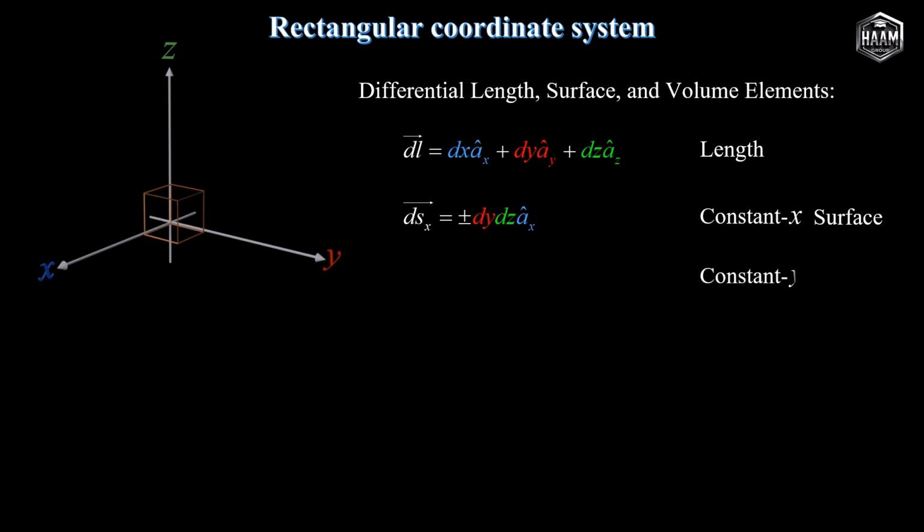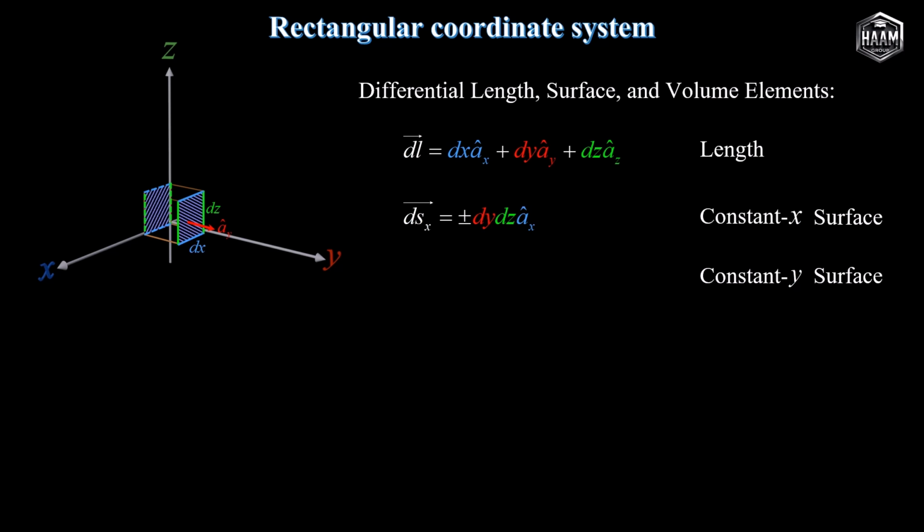For the surface on which y is fixed, we likewise have two surfaces on this cube. This surface shown here, where dx dz represents the area of these surfaces. We have two surfaces. The front surface lies in the direction of positive a hat sub y.